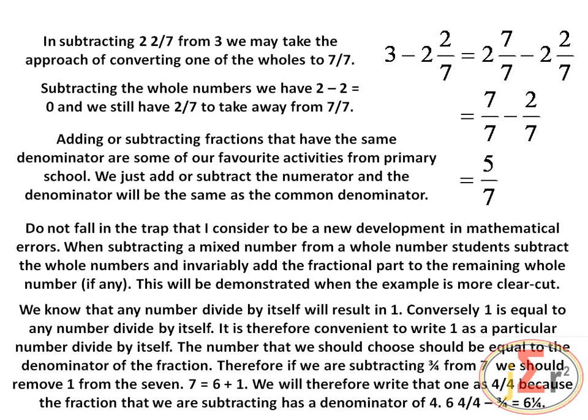Therefore, if we are subtracting 3/4 from 7, we should remove 1 from the 7, so 7 is equal to 6 plus 1. We will write that 1 as 4/4. Why 4/4? Because the fraction that we are subtracting has a denominator of 4.